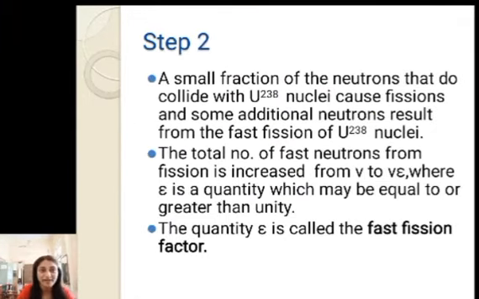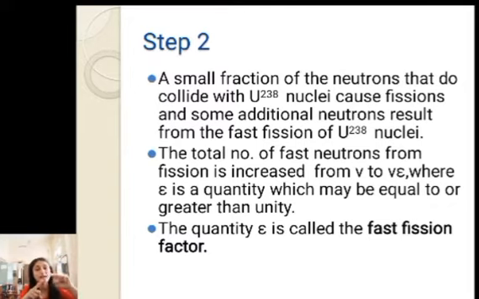So a small fraction of the neutrons that do collide with uranium-238 nuclei cause fission, and we know that during nuclear fission neutrons are emitted. So when uranium-238 undergoes nuclear fission, that time also some fast neutrons are emitted. So first uranium-235 underwent nuclear fission and emitted neutrons.